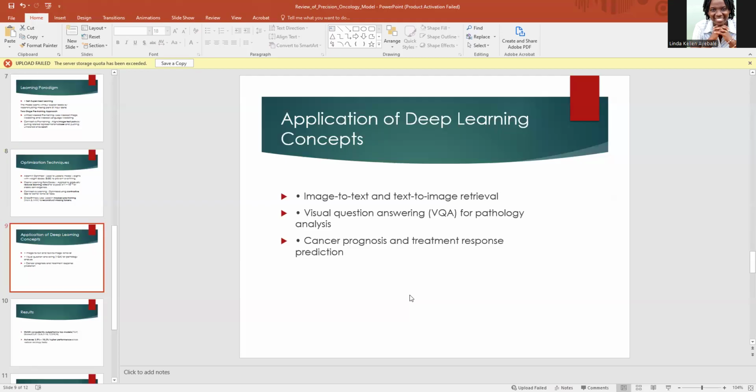Then in visual question answering for pathology analysis, you would give it an image and ask it a question, and it gives you an answer. Then we have cancer prognosis and treatment response prediction.